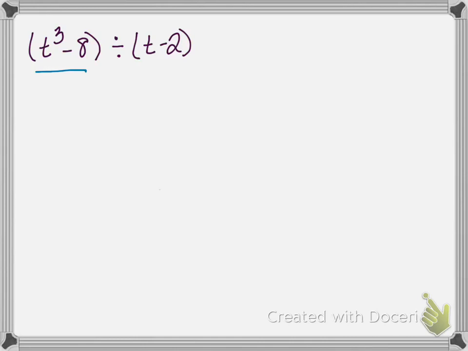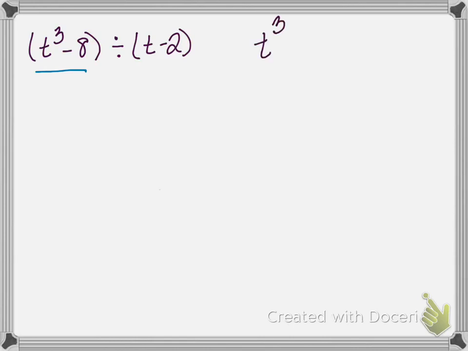How many terms did the other problems have? They had 3 terms. If it started with x squared, what was the very next term? x. We are missing terms here. And this is another place that students make mistakes.